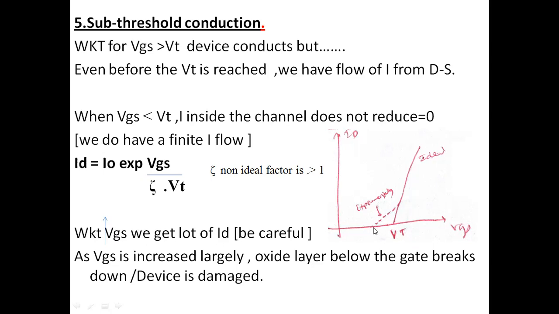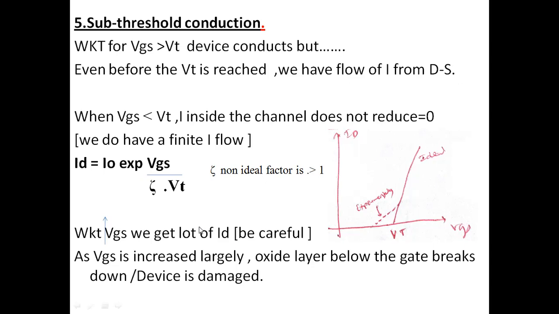We know that in case of a MOS device, by applying the voltage at the gate, as and how I increase the gate voltage, I will achieve more flow of ID. But we should be more careful here. Why?